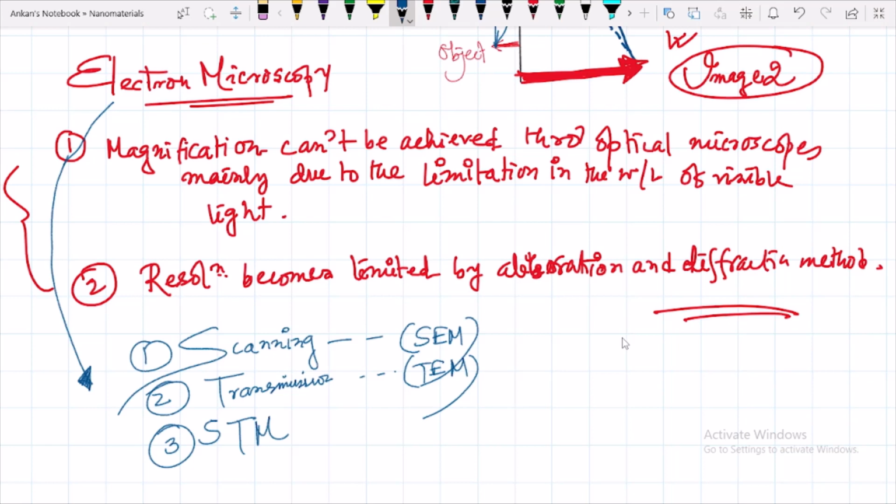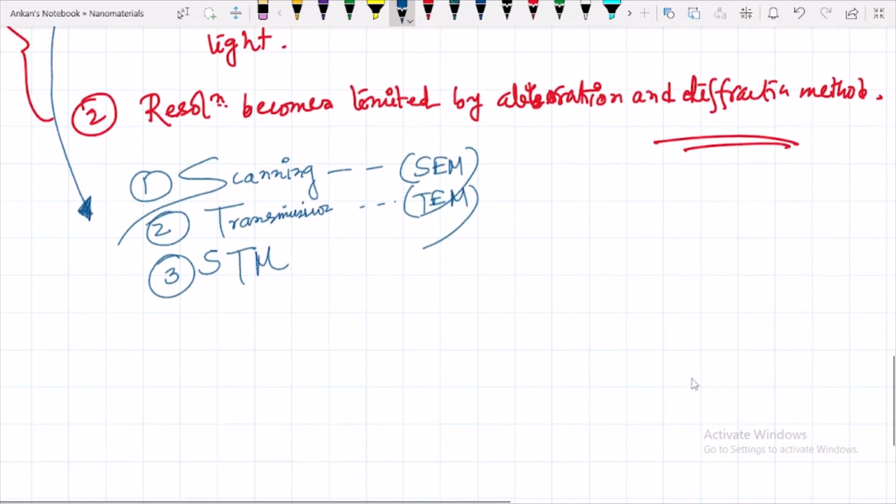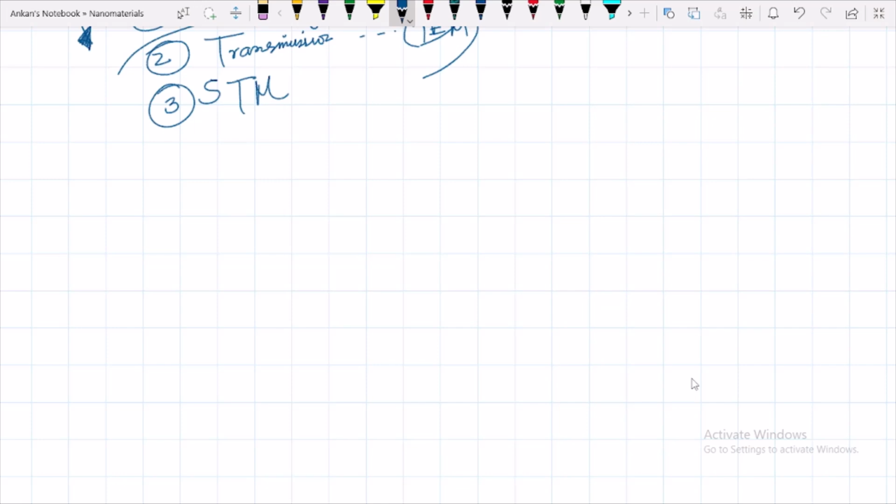Now let us discuss another interesting thing in this context: we all know about the Louis de Broglie hypothesis, which relates the particle and wave nature of radiation.